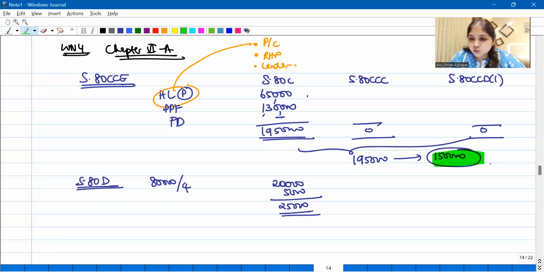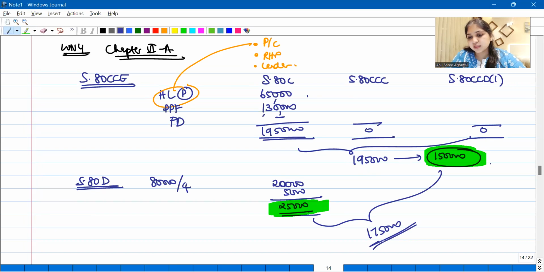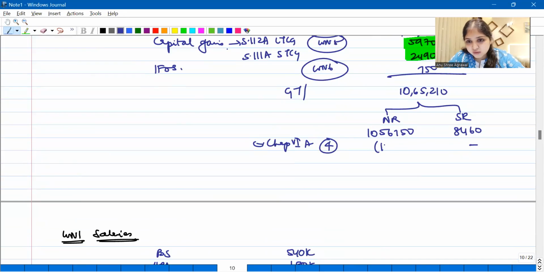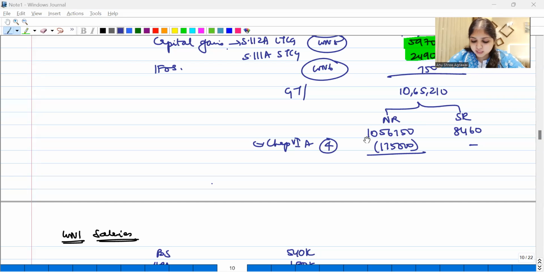So 1,50,000 of ATCCE, 25,000 of ATD, total chapter 6A is how much? 1,75,000. This is going to be my total chapter 6A, which I will subtract only against normal rate income. So this is going to be 10,56,750 minus 1,75,000. This is going to be 8,81,750. Do you get this number?